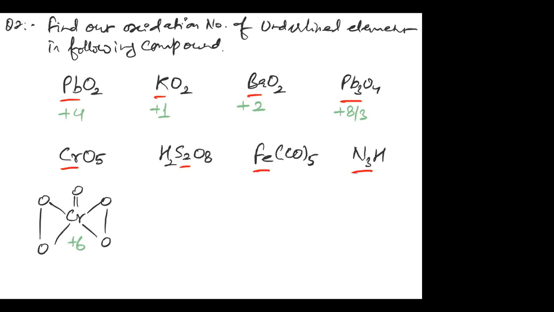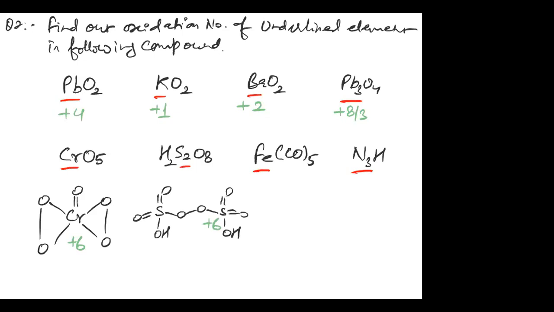Same in the case of H2S2O8. The structure is also, let's say, oxygen, oxygen, a double bond O, and OH here. The oxidation number of sulfur is going to be +6 here, as sulfur is forming 6 bonds with more electronegative oxygen.